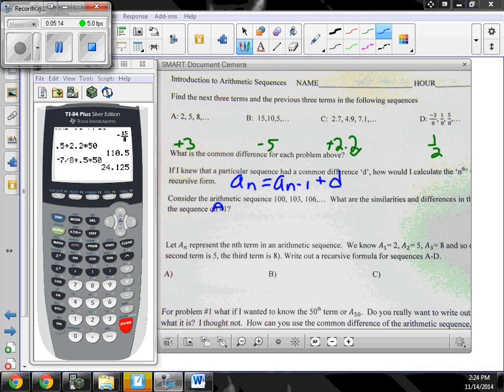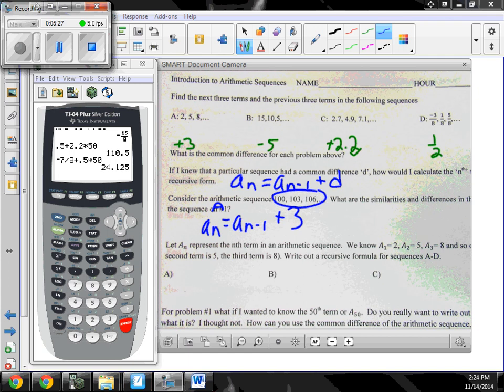So they both use a sub n equals a sub n minus 1 plus 3, right? This piece is the same for A and for this sequence. How do they differ? The starting number is different.